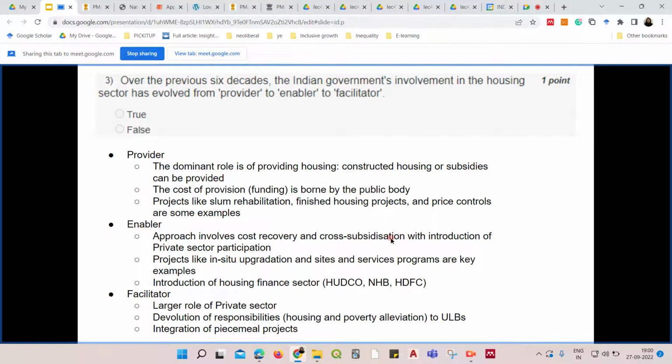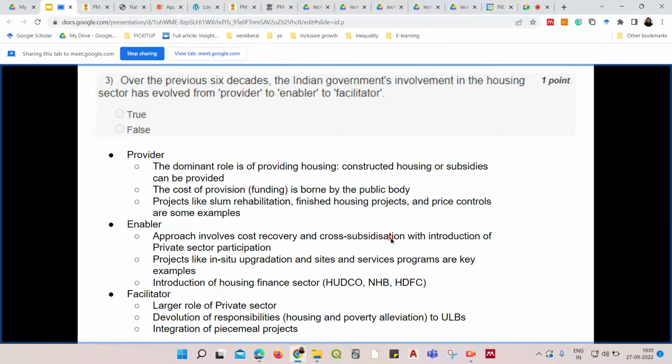In case of upgradation of the slum, the whole land on which the slum is located is used as a resource. That resource is then given to a private player who constructs housing on that. To make the project financially viable, the private player has to make some profit off of the housing project. So the private player makes housing obviously to house the slum population which was living there.